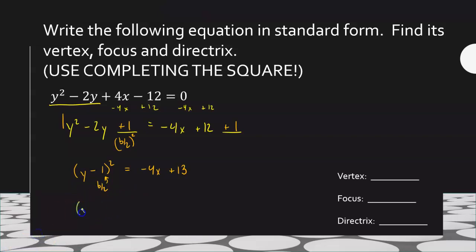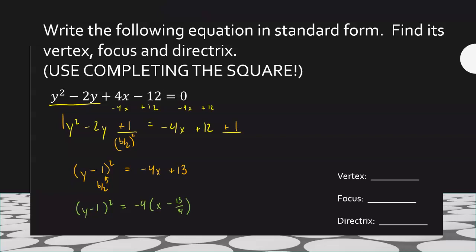The y minus 1 quantity squared stays the same, but I'm going to factor out a negative 4. Negative 4 divided by negative 4 would be a positive 1, so we just have 1x. But 13 divided by negative 4 would be a negative, and we're just going to leave it as negative 13/4. So sometimes you'll have fractions, and that's okay.